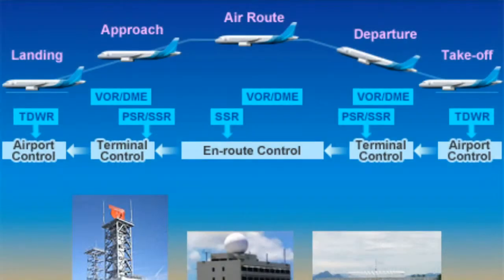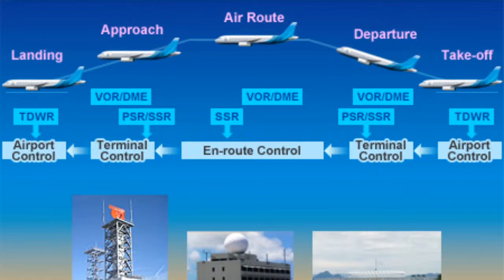This is a very rough sketch, of course, but we can say that most of the time for controlled flights or IFR flights, you will encounter a series of ATS units throughout your flight that are basically always in the same order. Let's take a look at different phases of flight.